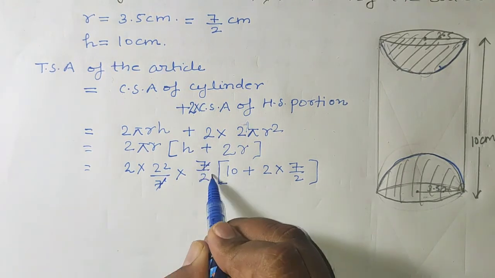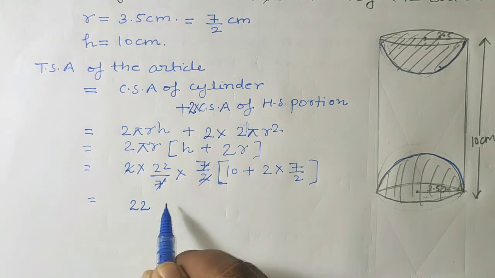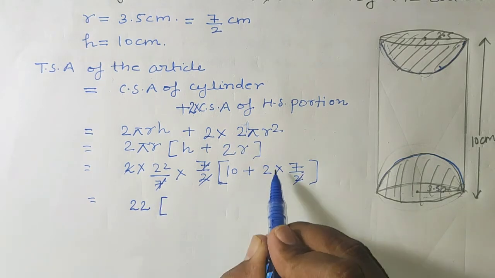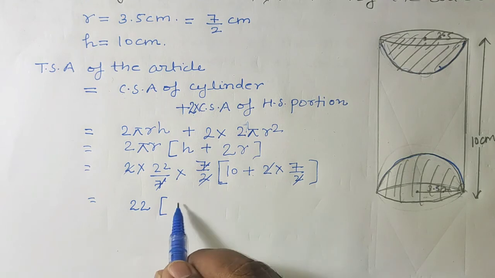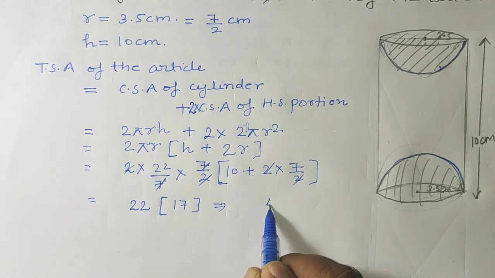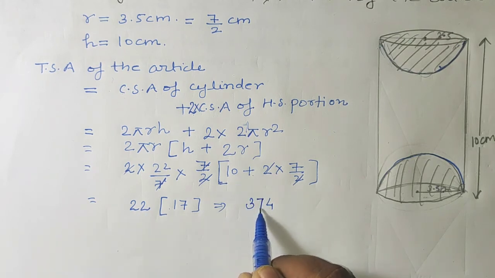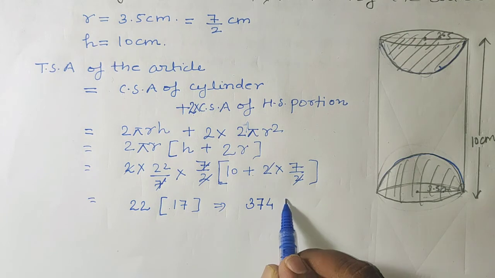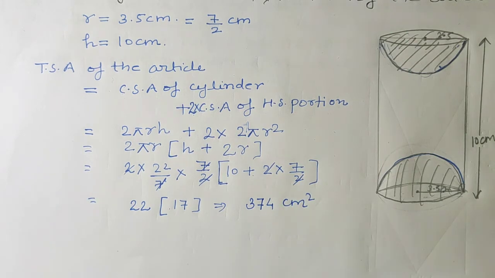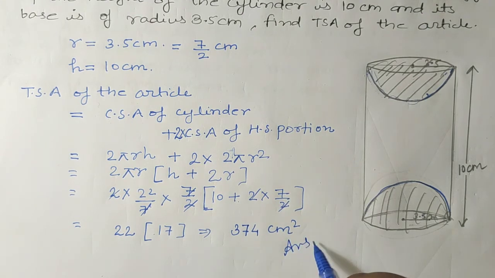This 7 and 7 will be cancelled out, this 2 and 2 will be cancelled out. Now what is left? 22 only, and in the bracket this 2 and 2 will be cancelled out. 10 plus 7, that is 17. So basically it will be 22 into 17, that is 374 centimeter square will be the answer of this question.